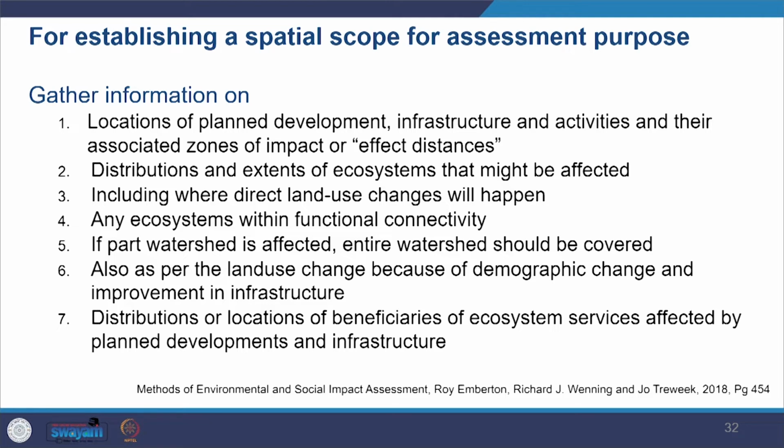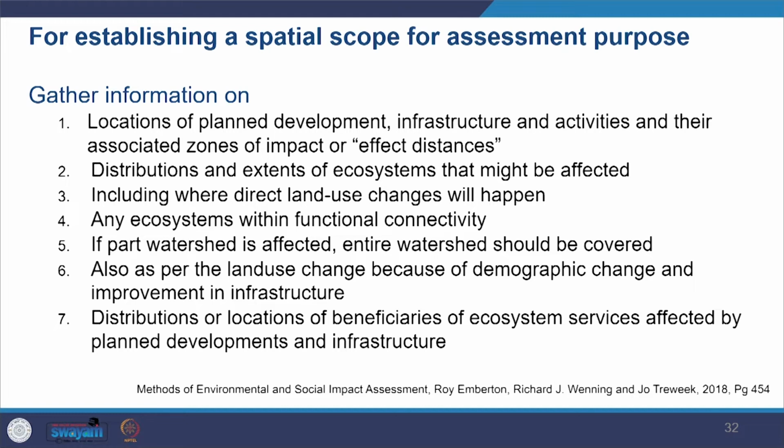So you need to gather that. Then you need to understand the distribution and extent of ecosystems that might be affected, including where direct land use changes will happen. Because you're going to do the development, you're going to change the land use, so where the direct land use change will happen.